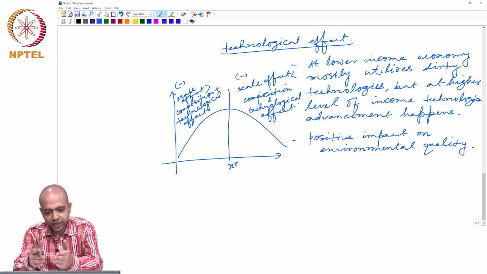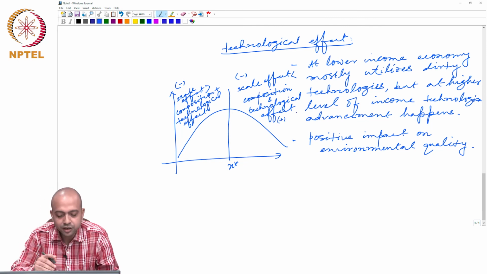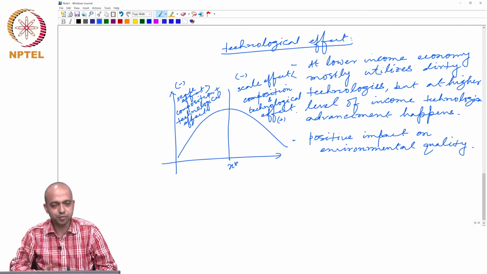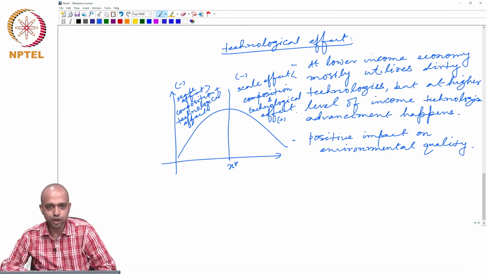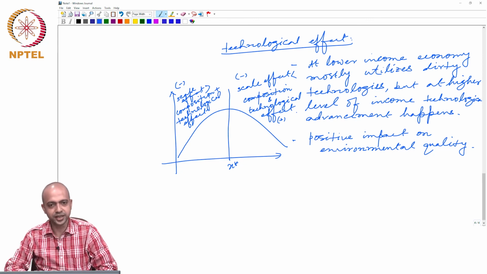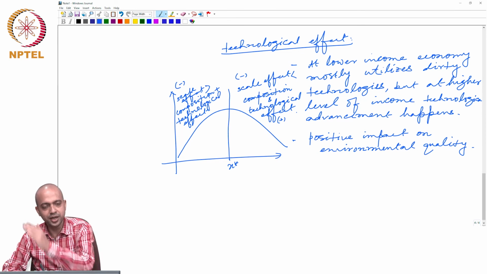Okay. So, when the negative impact is lower and the positive impact is more, then we get the declining part of the EKC, that means environmental quality starts improving. So, this is how through the scale, composition and technological effect of economic growth, we can explain the EKC type of relationship between income per capita and emission per capita.